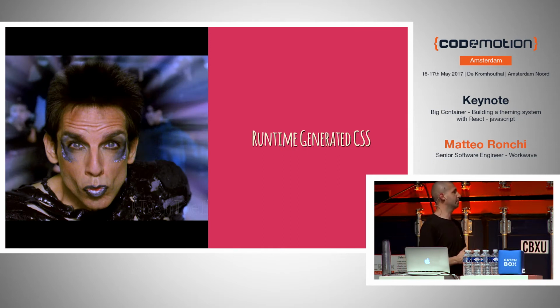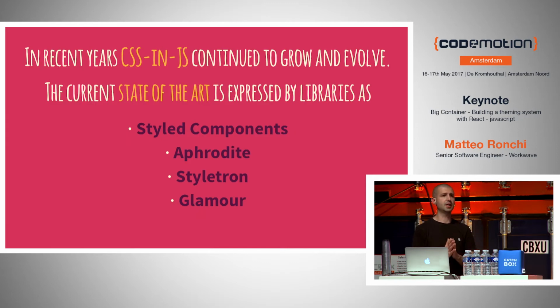So very recently, I'd say the start of 2016, a new kind of CSS-in-JS framework started to appear. And those are the runtime generated CSS kind. We have some very well-known libraries. Styled-components is the most famous, then Aphrodite, Styletron, and Glamor.